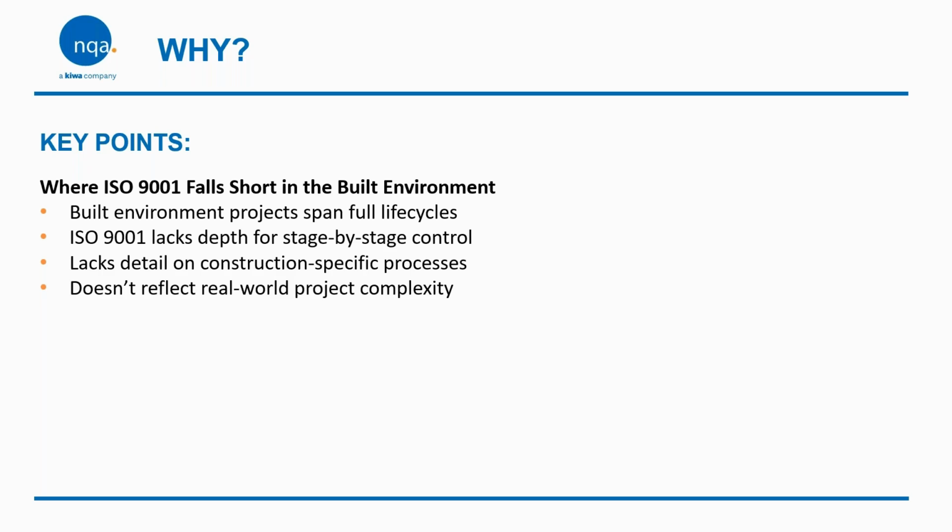There's a wee lack of clarity around who's responsible, how responsibilities are allocated, and how things are documented at each phase, and then how change controls happen. As a result, organisations either underuse 9001 or develop their own bolt-on system, creating inconsistency across the sector. 99001 has tried to bridge this gap.